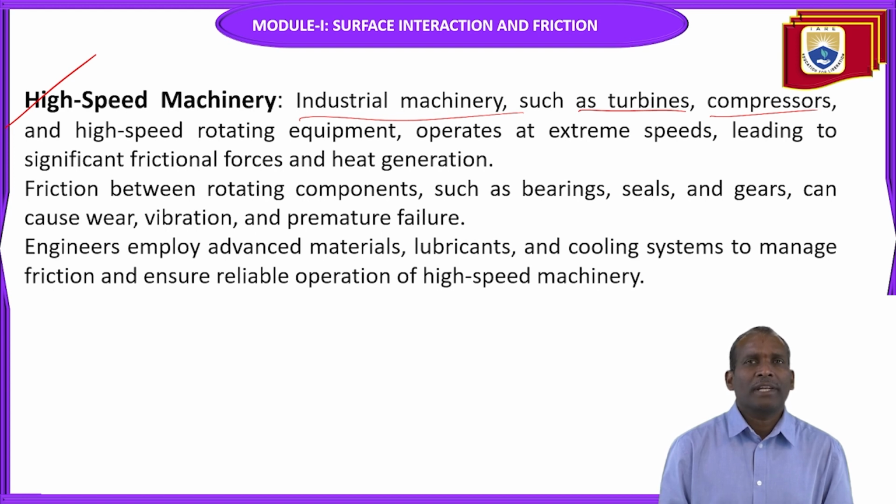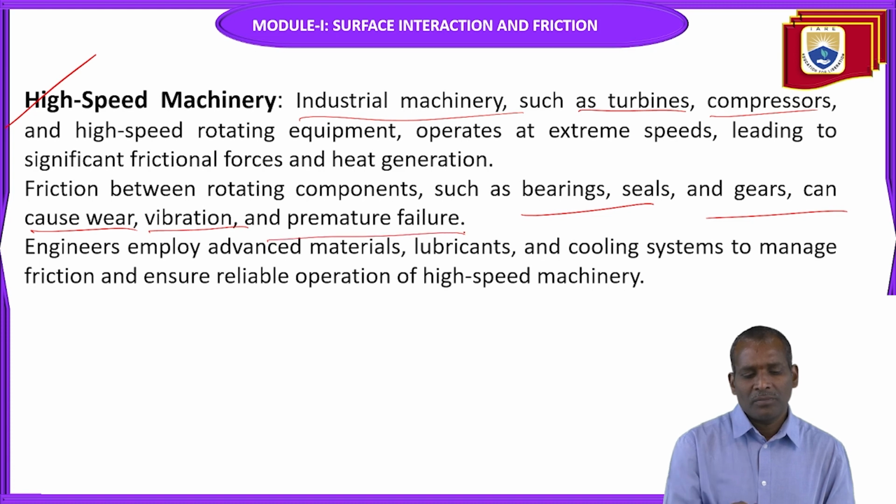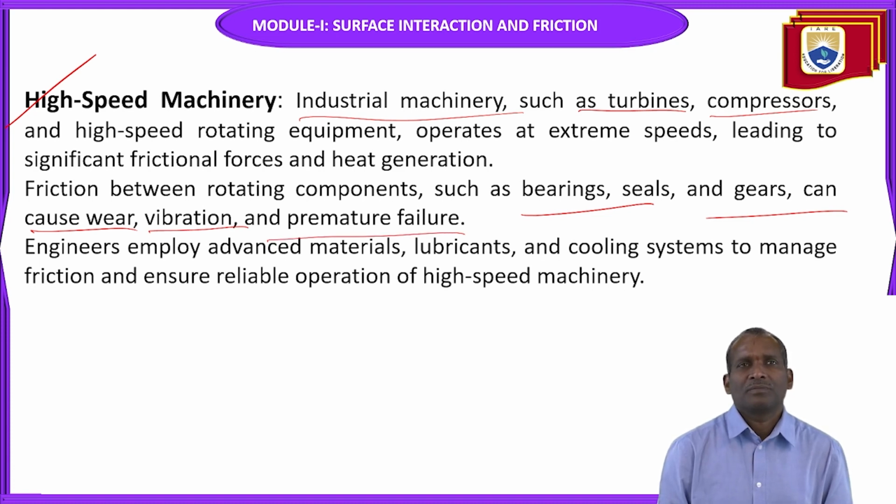So friction between rotating components such as bearings. A bearing is a rotating component, machine element. Oil seals and then gears can cause wear, vibration, and premature failure. So all these lead to failure of the component and also cause wear.